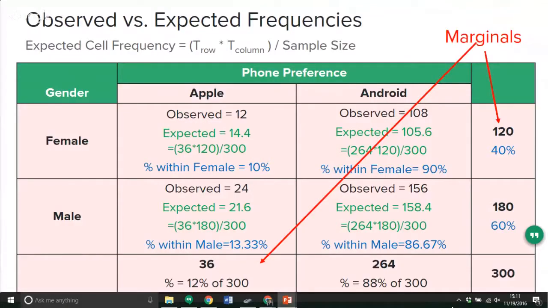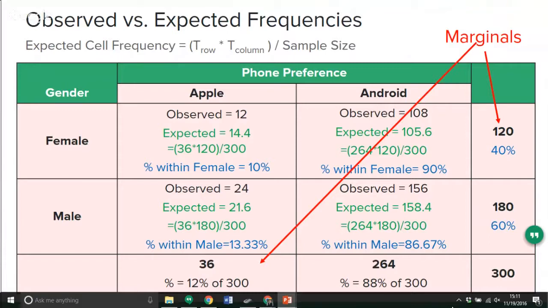If we were to look at our observed versus expected frequencies, what we're really looking at is a proportion of what we call the marginals. The marginals are the row totals and the column totals. And so here you see the marginals as a proportion.